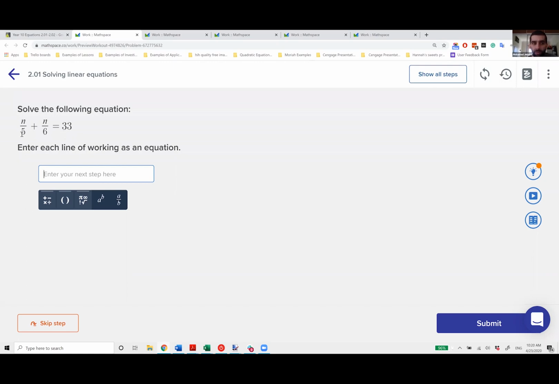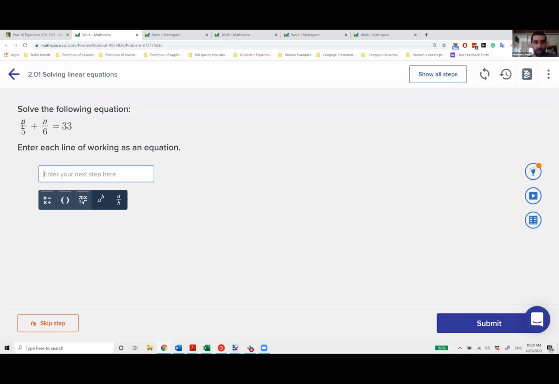We have a denominator of 5 and a denominator of 6. The lowest common multiple is 30. So I'm going to multiply everything here by 30. That's the way I would go about it. It saves you the time of trying to write these with a common denominator, and you basically get to skip a step.